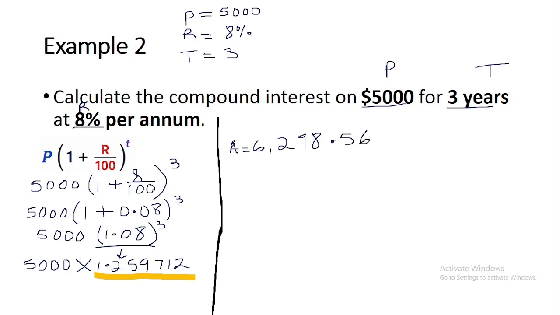So this right here is going to be my total amount. And we know that using this formula is just to find the total amount, A.